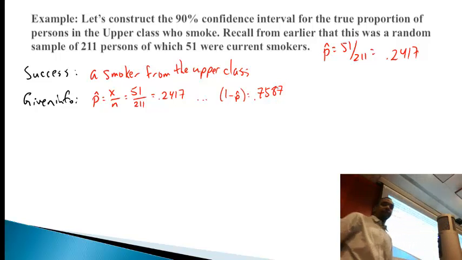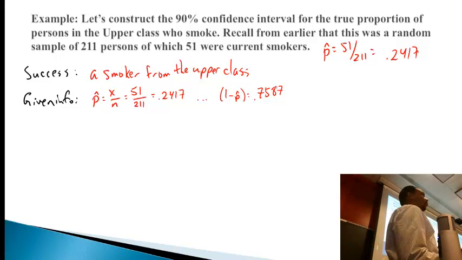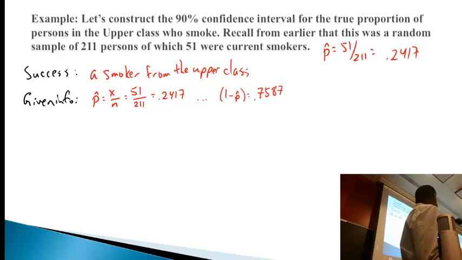Again, given information for us is that we have, I'll do the condition check in a second. Notice how I'm going out to 4 places here. You could go out to 2, but that's very, very dangerous. Don't round with these percentages until you get to the very end and then go 3 places. So let's keep 4 significant digits as we go through the process and then 3 at the very end.